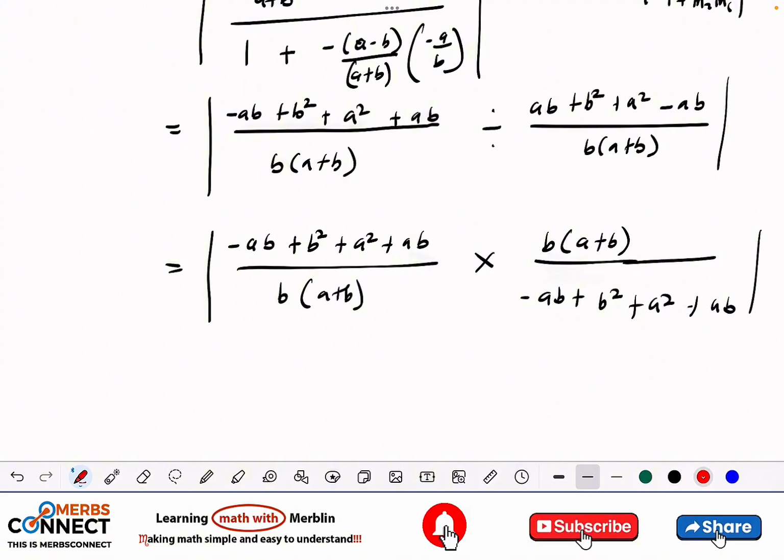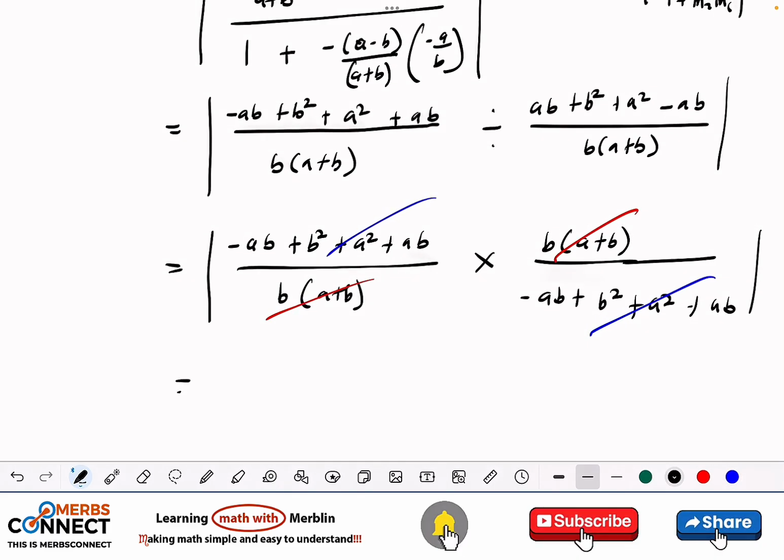Absolute. So the magic will happen. We see that this will cancel this. And then this also cancels that because they are the same, right? So it means that what will be left in the absolute is just going to be 1. Because when they cancel out, it will be just 1.